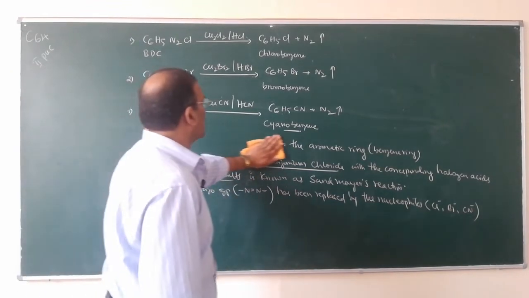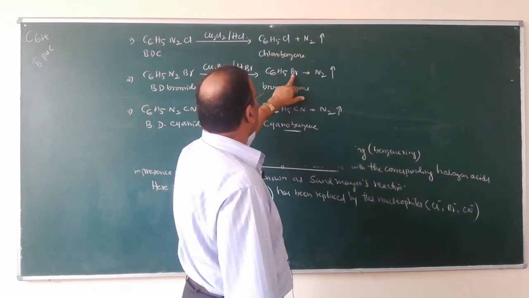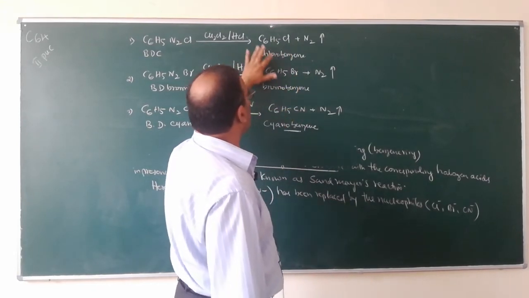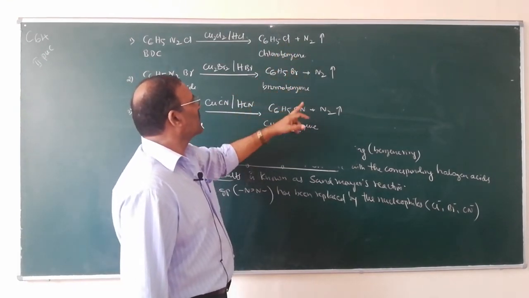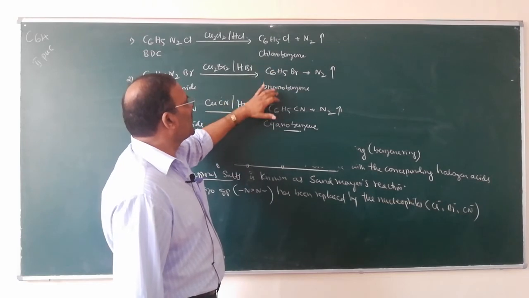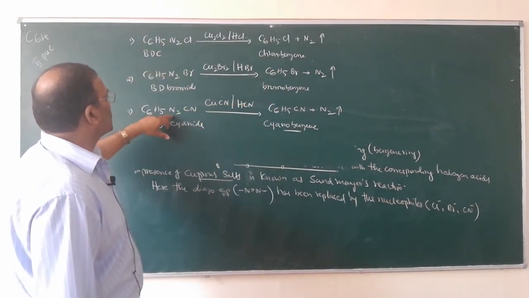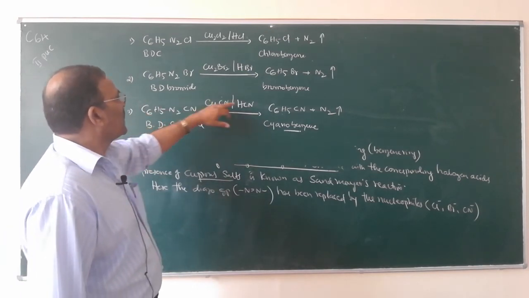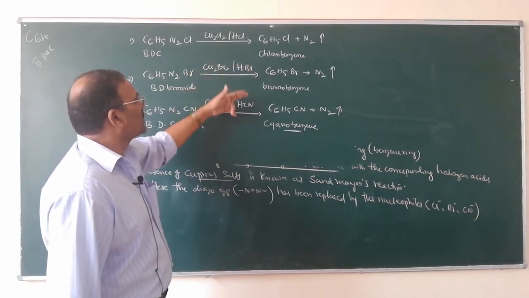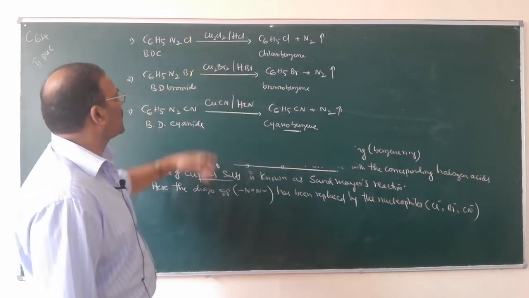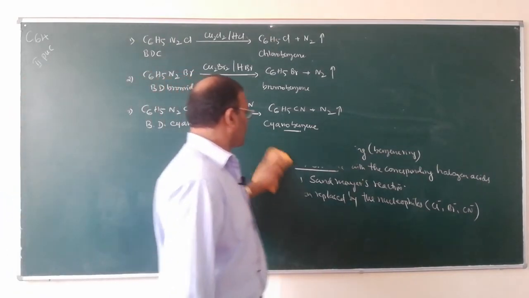Introduction of Cl minus, Br minus, CN minus into the benzene ring by the action of benzene diazonium salts with their corresponding halogen acids, in presence of cuprous salts, is known as Sandmeyer's reaction.